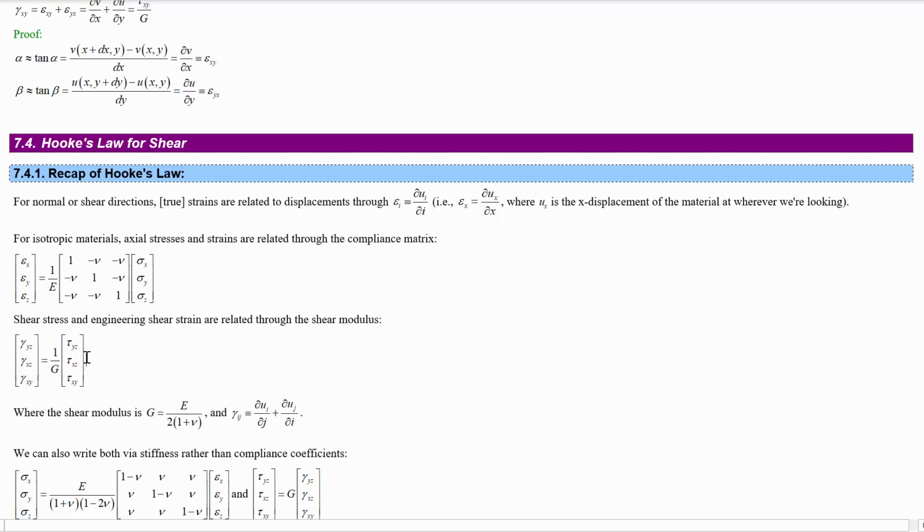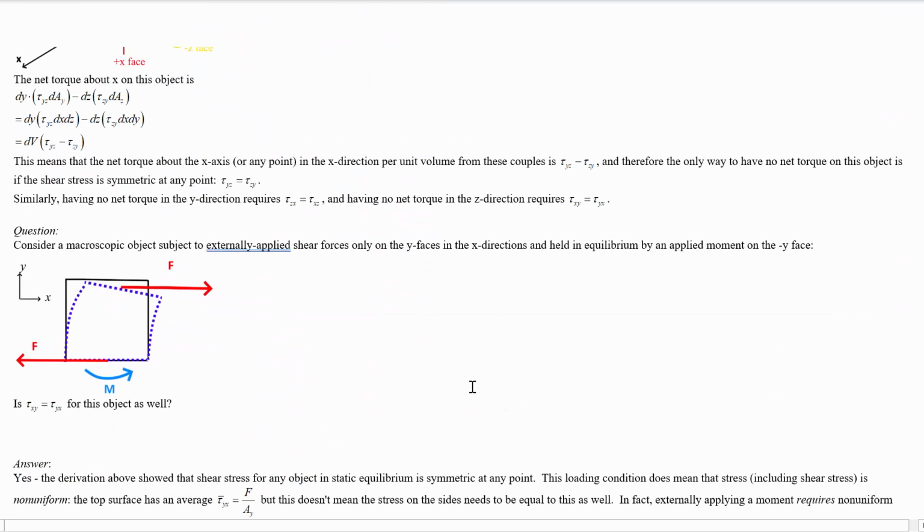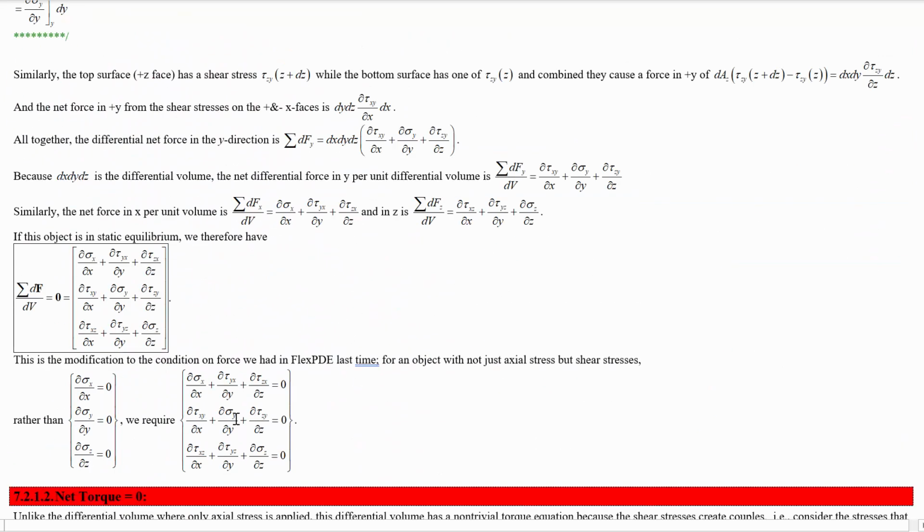Okay, now for shear, in an isotropic material anyway, there's no coupling from one shear axis to another. So that means the YZ shear strain is just the YZ shear stress divided by the shear modulus. And that's great. So this is what's going to be the source of the other kind of missing equations that we had. We had extra information from the fact that the shear stress is symmetric.